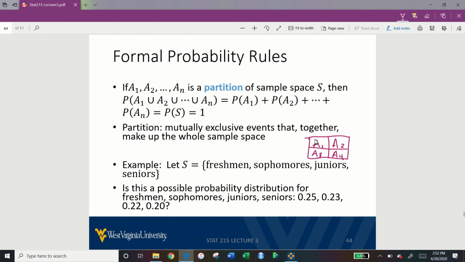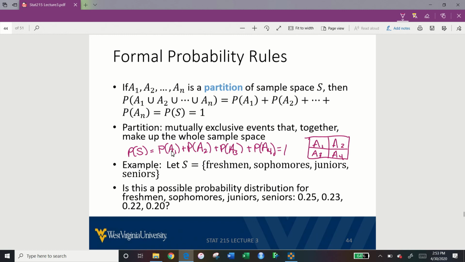However, we can also see that if we add up our 4 partitions, that will also be the entire sample space, and therefore it will also equal 1.